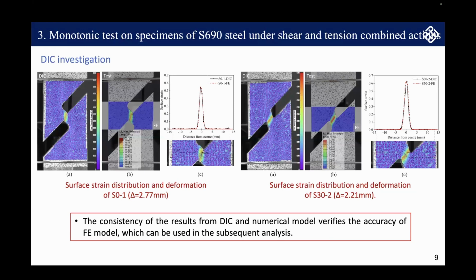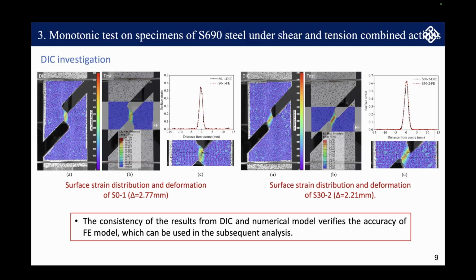Now we can compare the DIC results with the numerical model. In this figure, the black line is the measured data from the DIC system, and the red dashed line is the simulation results. We can see they are in good agreement, which verifies the accuracy of the numerical model.